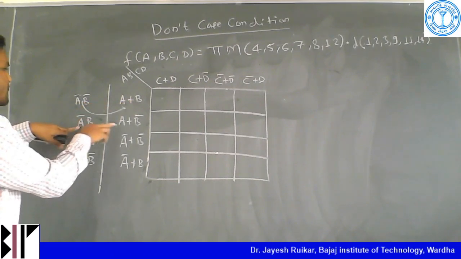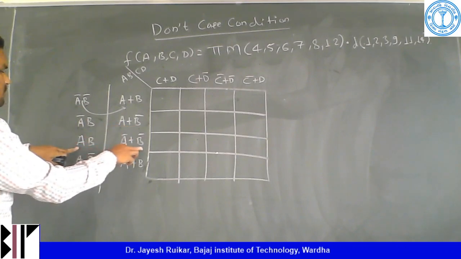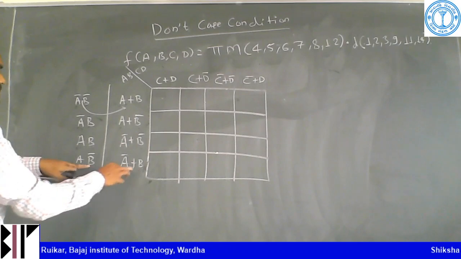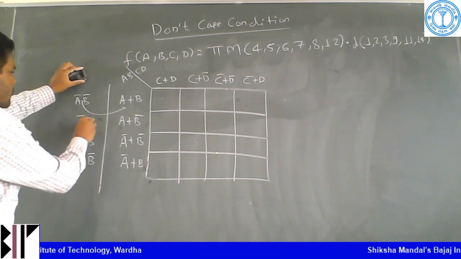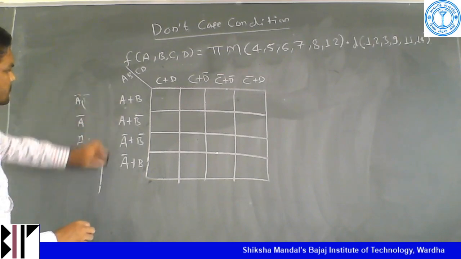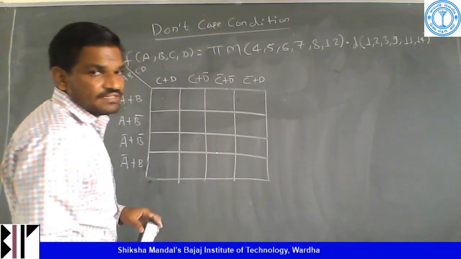Here A bar is there, I am writing A. Here B is there, B bar. Here A, B, both are complemented. Here A is normal, so A bar, and then B, B bar. All these dots, or multiplication, are converted to addition. Similarly, I have written it for the CD variables.